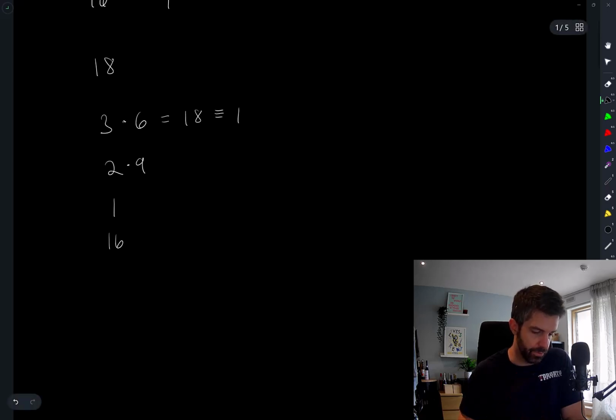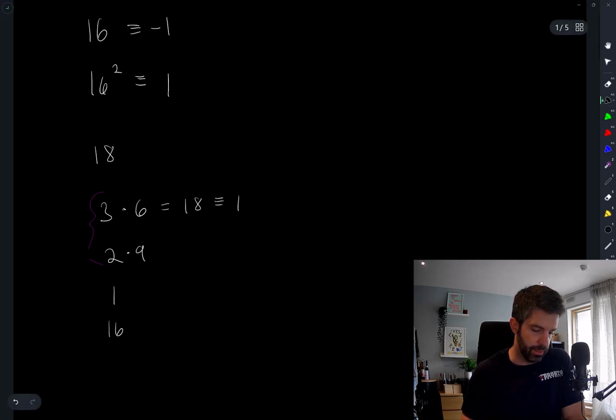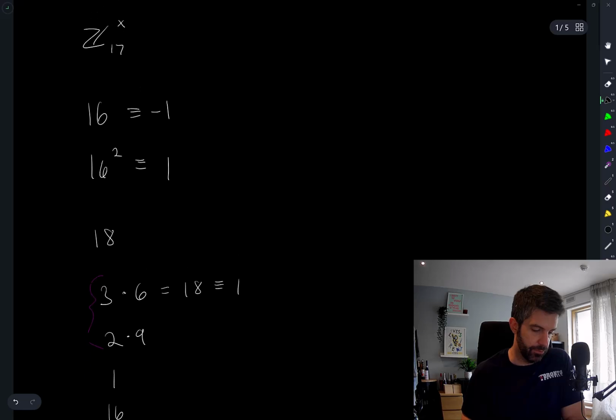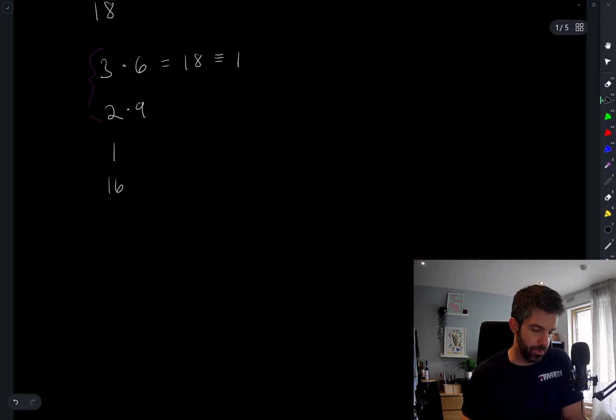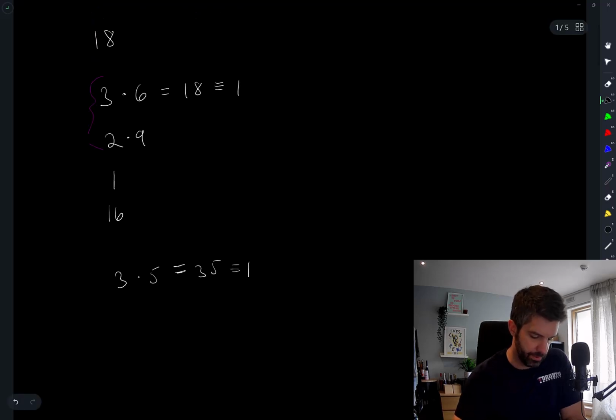I mean, so these are all the units that sort of come from 18 in an easy way. What's the next? 17 times 2 is 34, so 35. Wait a minute.